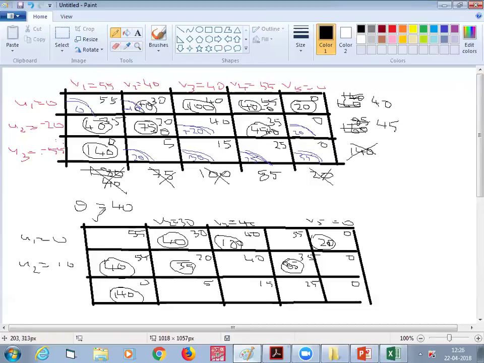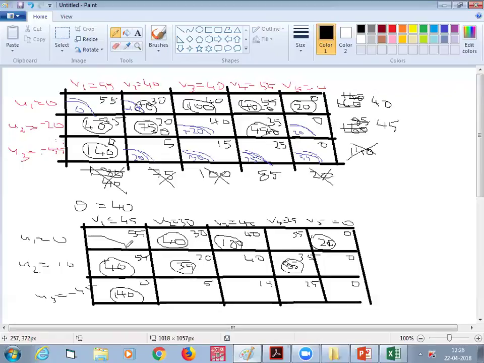So now V1 equals 55 minus 10 is 45, and U3 equals minus 45. And here V4 equals 35 minus 10, which is 25.